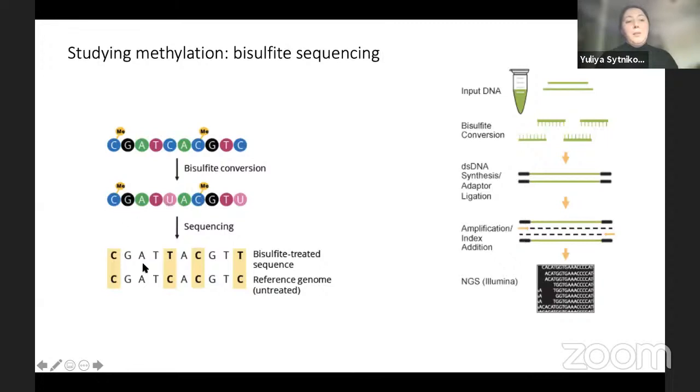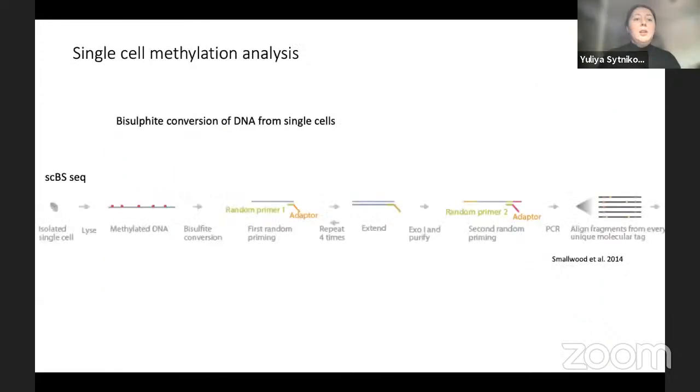So after amplifying the bisulfite converted DNA fragment, you see unmethylated cytosine as T and methylated cytosine as C. This method was used in combination with NGS, and more recently it was also adapted for single cell, so-called single cell bisulfite sequencing.